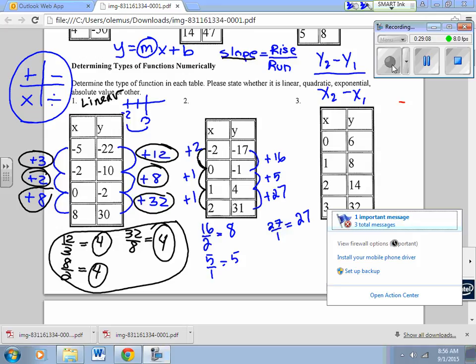There is no constant rate of change. It's one of the other ones. I'm going to show you that, but right now this graph is not linear for sure. If it was linear, these rates of change should have been the same. You with me there? Okay. All right. Go ahead and try to do the next one.